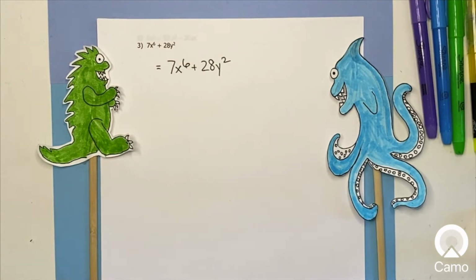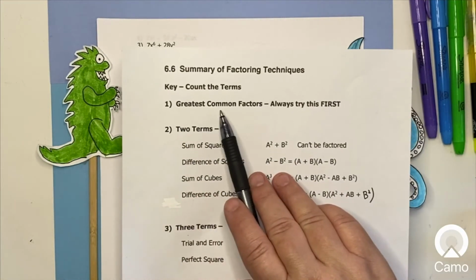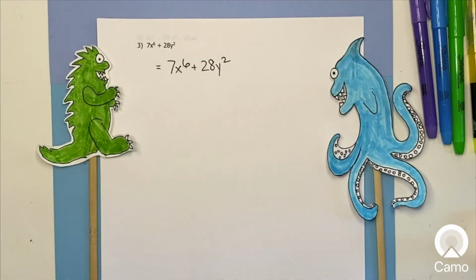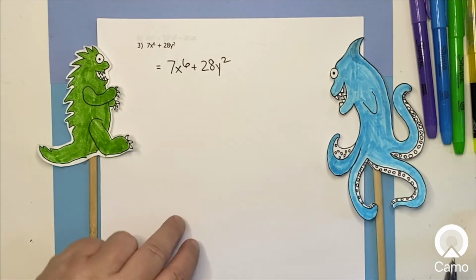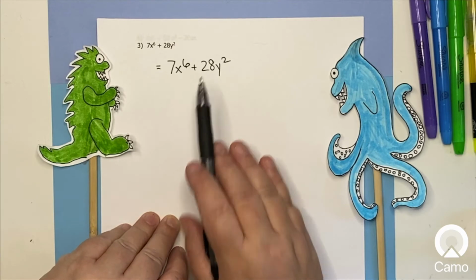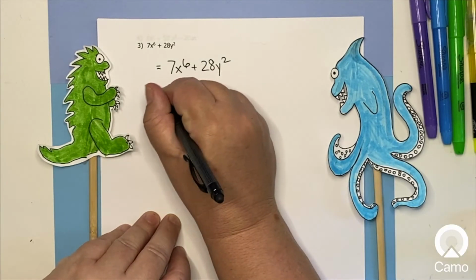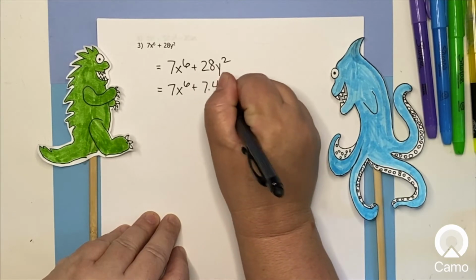So the first thing we're always going to look for, always, let me remind you, is the greatest common factor, or the GCF. We have to figure out if there's anything that we see in both terms. As I'm looking here, I see a 7 and a 28, and I realize 7 goes into 28 4 times.